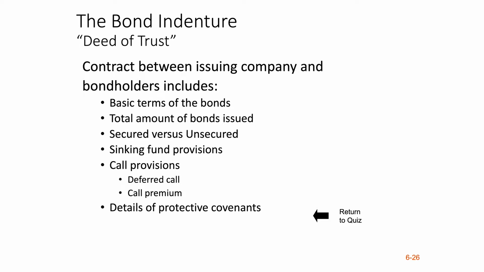How many bonds are issued? What is the total amount of bonds issued? Is the bond secured? That means you are using something as collateral, so if you don't meet the interest payments, the creditor can sell your collateral, for example. So if you have collateral, that means a secured bond, but certain bonds do not have collateral, which is unsecured.